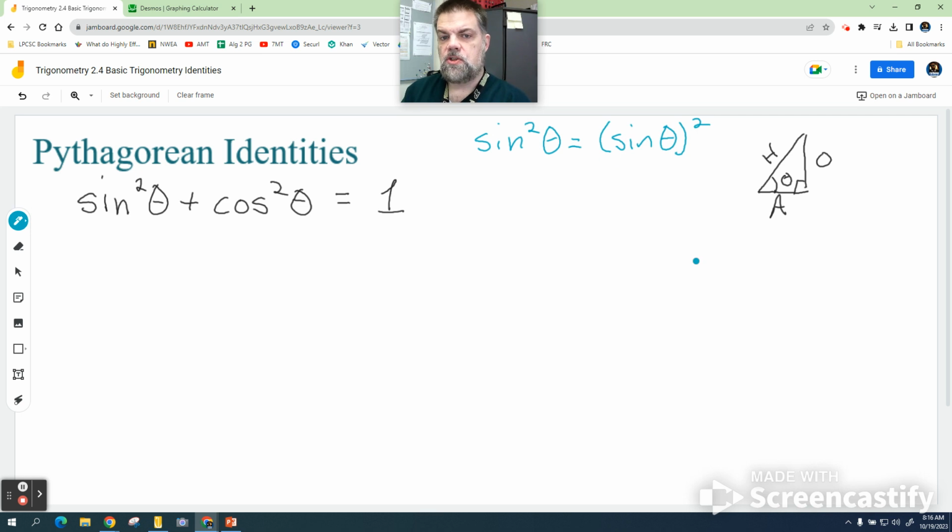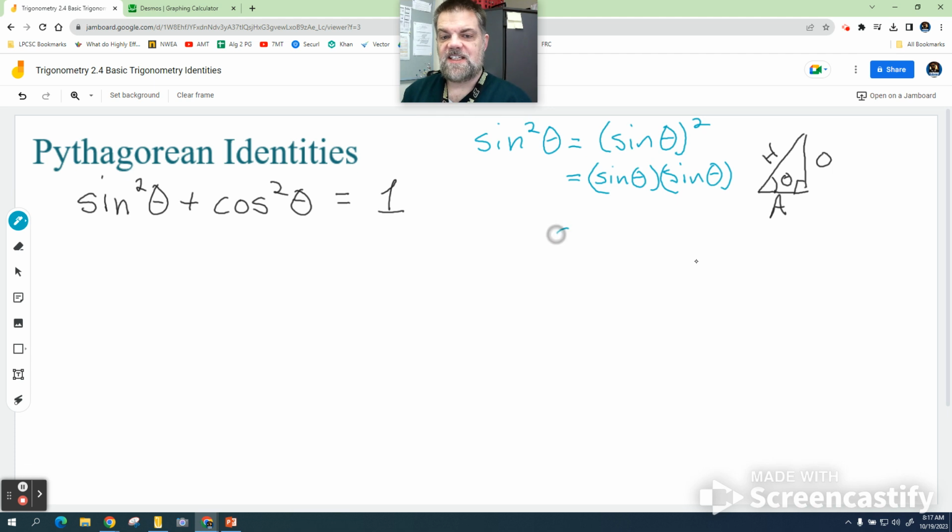If I put the 2 here, you'll think that it's sine times the angle squared, so mathematicians put the 2 here. In other words, this is like saying sine of theta times sine of theta. Okay, so this is some trig notation.